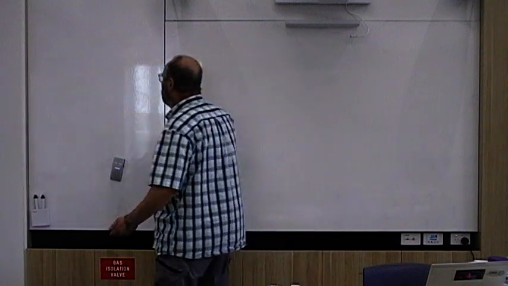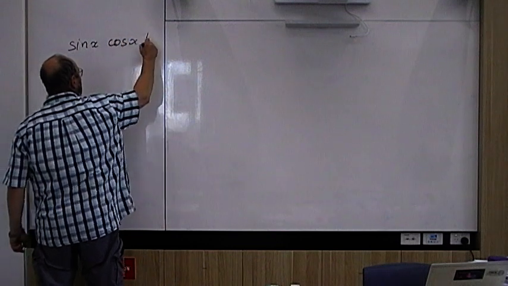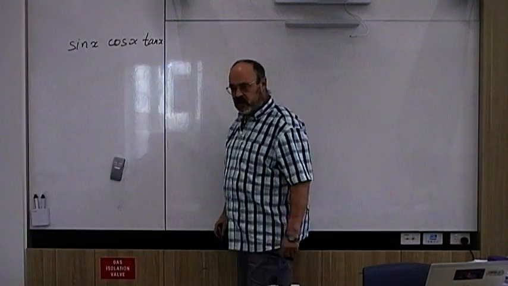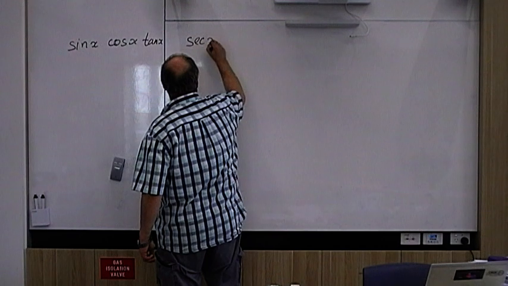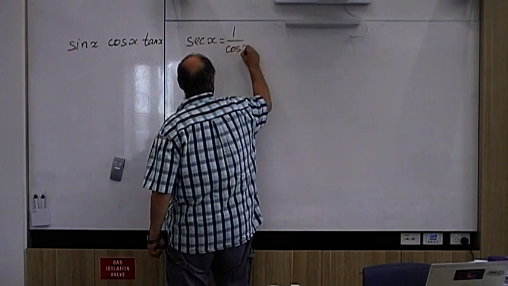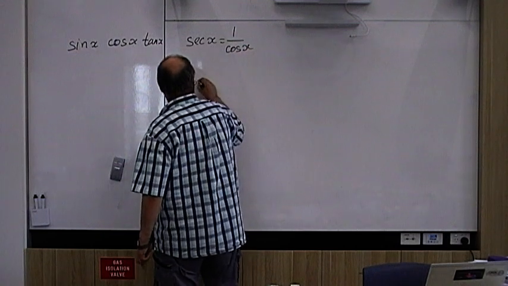You know that there are functions sine x, cos x, and tan x. But there are also reciprocal functions, which are called secant x, which is 1 over cosine x. There is a cosecant x.